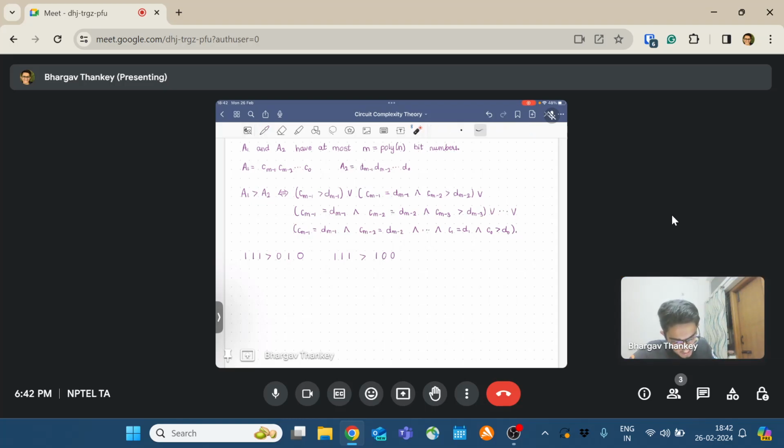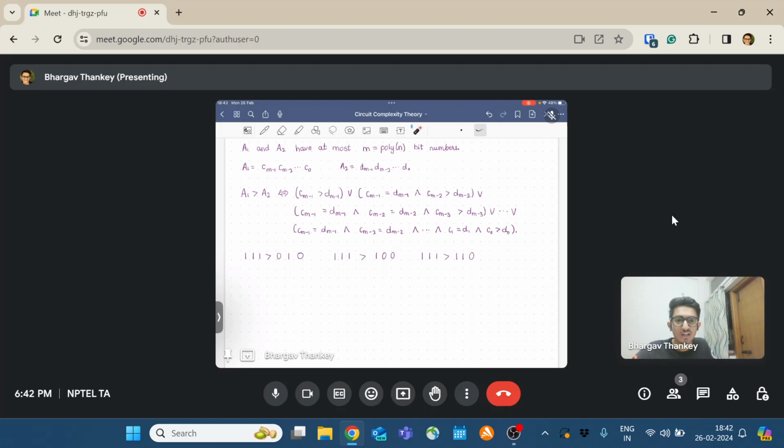But over here, the first bits are the same and the second bits are different, and the second bit over here is larger. And 1, 1, 1 is also greater than 1, 1, 0, right? Here, both the first two bits are the same, and the third bit over here is larger than the third bit over here.